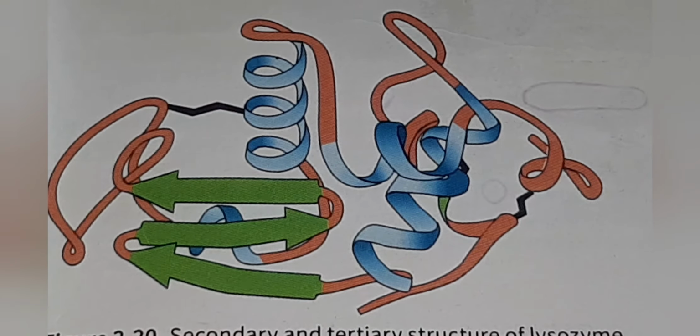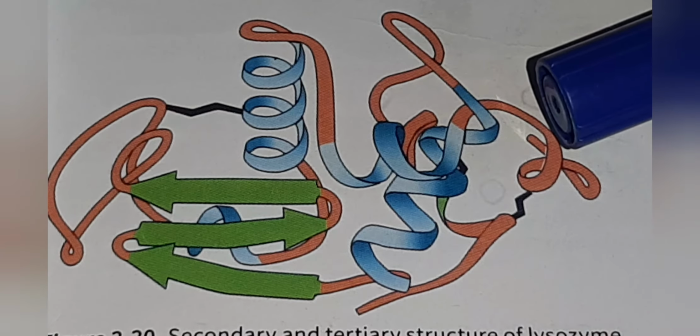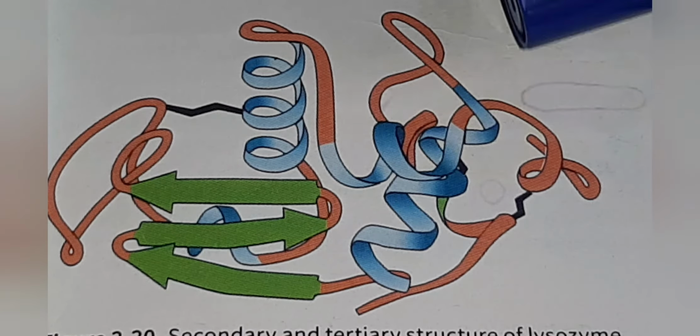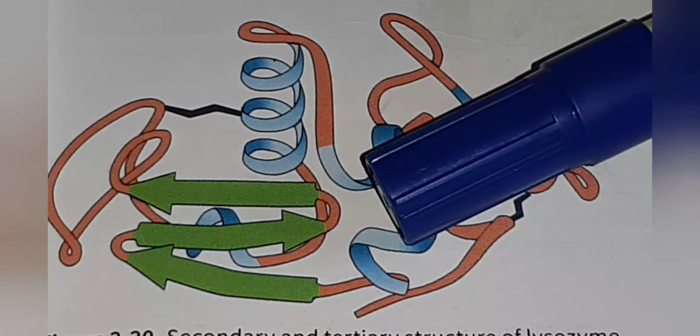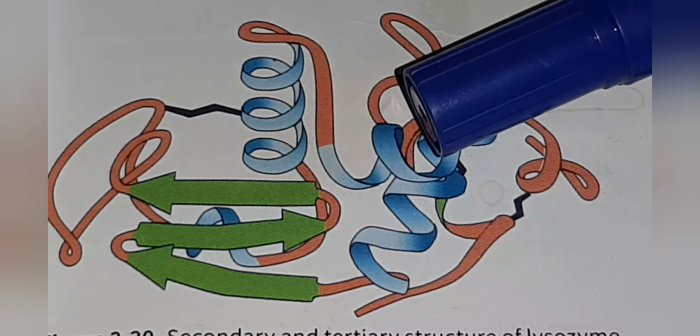So what is a tertiary structure? Tertiary structure is the compact structure of a protein molecule resulting from the three-dimensional coiling of the already folded chain of amino acids. So this is the secondary and tertiary structure of lysozyme.